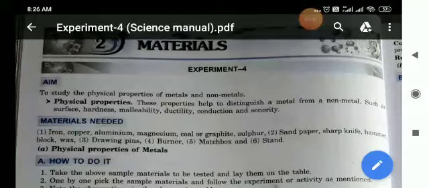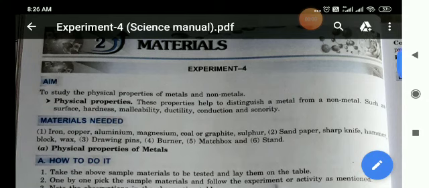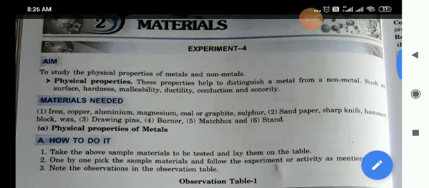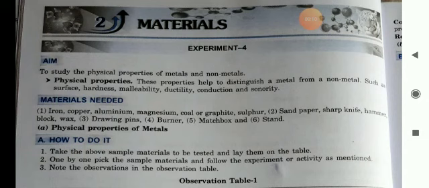All of you. Now, today we will do experiment number 4. Experiment number 4 is to study the physical properties of metals and non-metals.